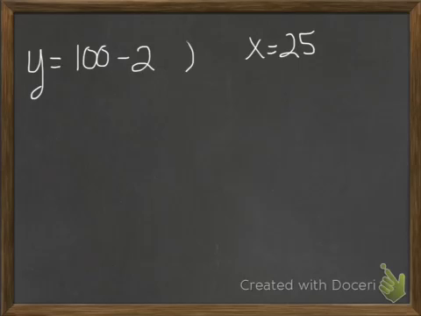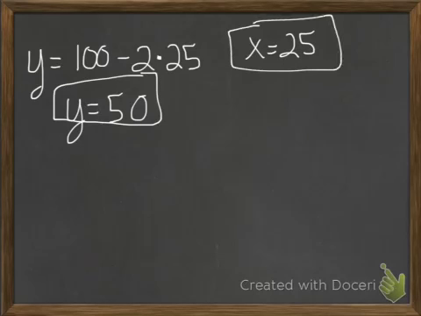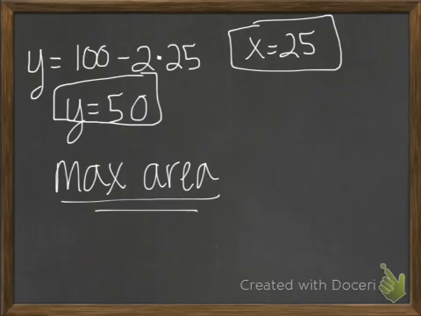So let's go ahead and erase this, times 25. And we find out that y equals 50. So we have our two main values here, x and y. And that's basically what we need to find area, because we're looking for maximized area.